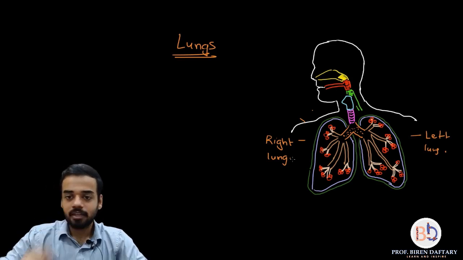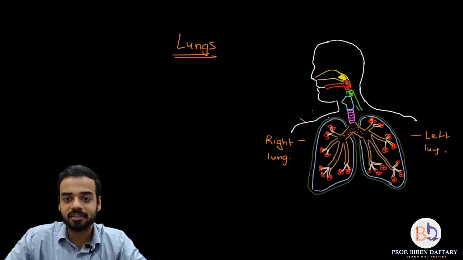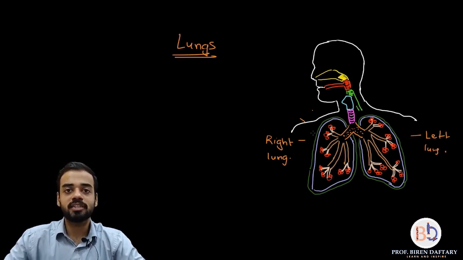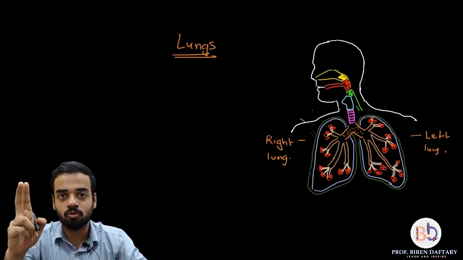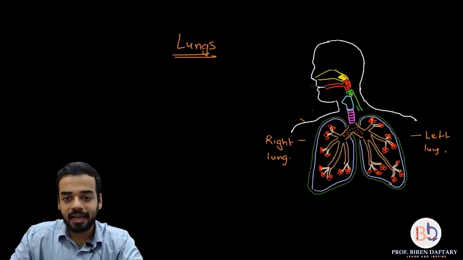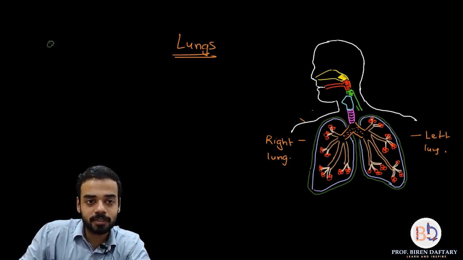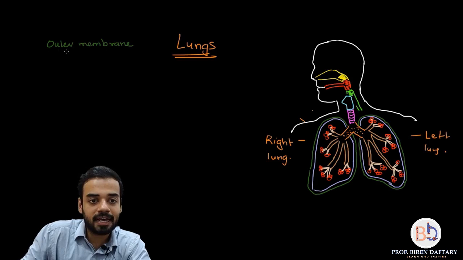Now if you see the surface of the lungs, you can see there are two membranes. One is blue in color and the other is green in color. So there are two membranes surrounding the lung, the outer membrane and the inner membrane. This outer membrane is also called the parietal membrane.